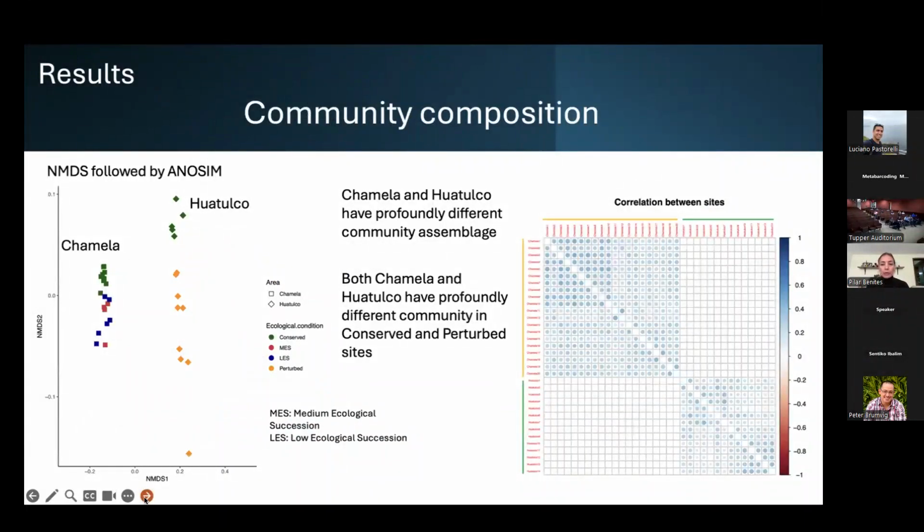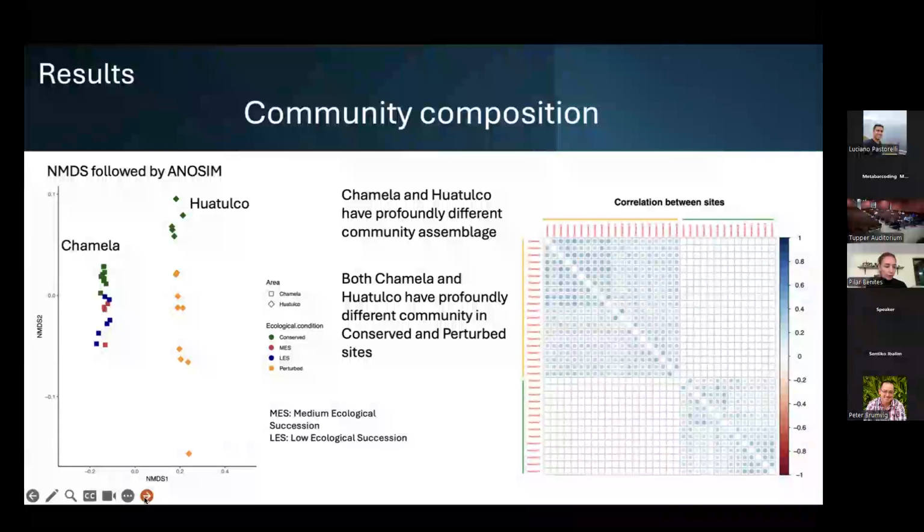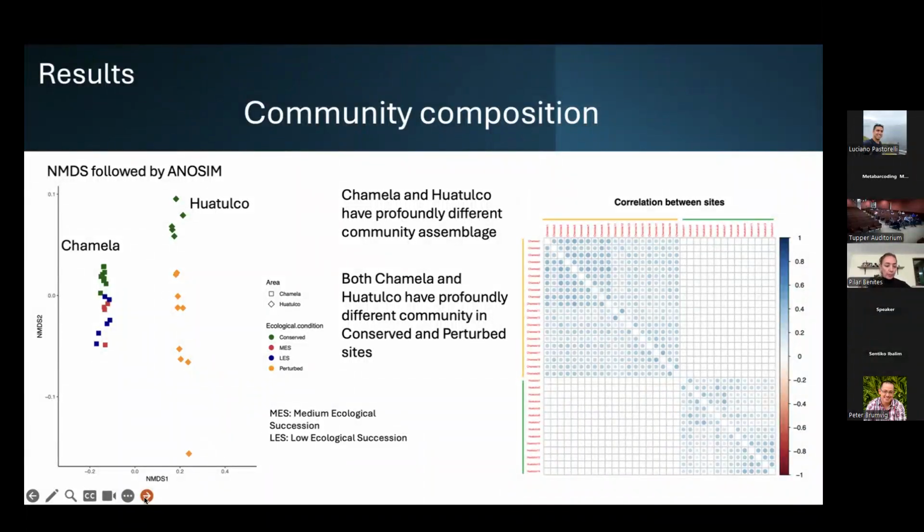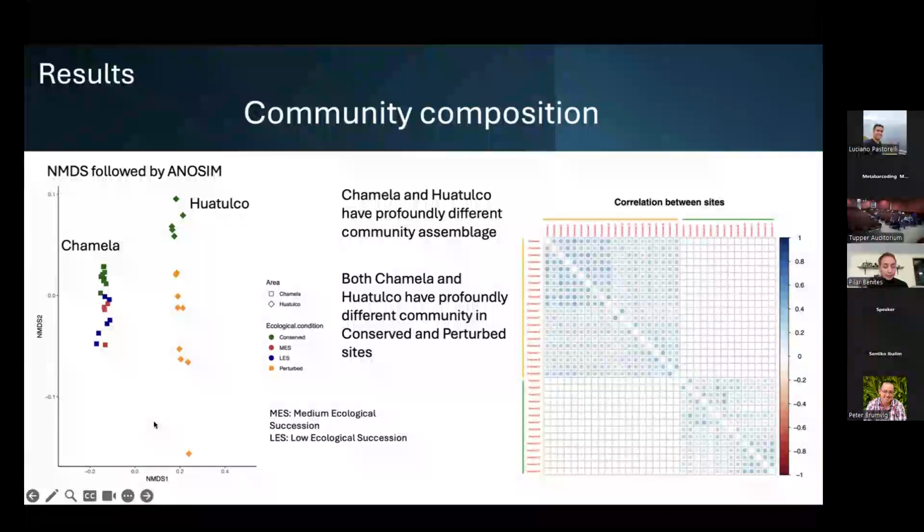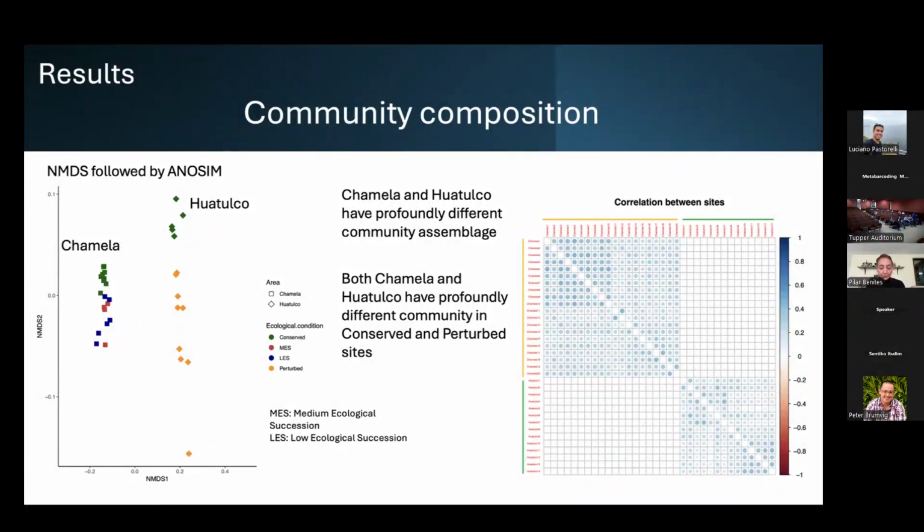So to talk now about community composition, through a non-metric multidimensional scaling, we represent the plots in Chamela and Huatulco, and what we found is that there's quite a different structure between Chamela and Huatulco in regards to their community composition.